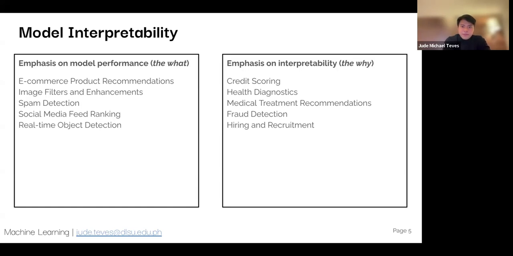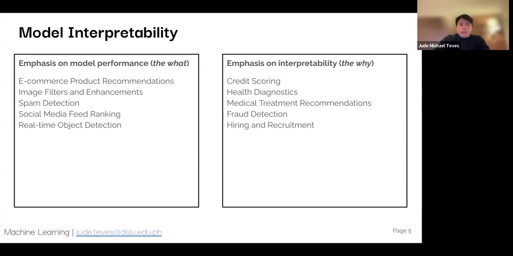You don't, right? The opposite applies on the use cases on the right-hand side. So there's more emphasis on interpretability. Say, for example, credit score. If you are rejected or approved when you apply for a loan or credit card, you want to understand why.